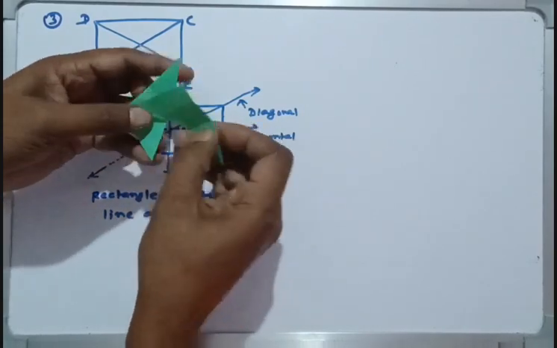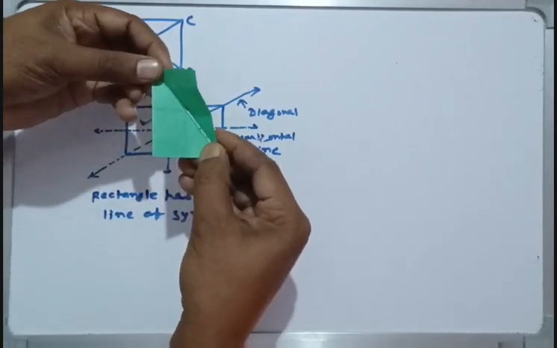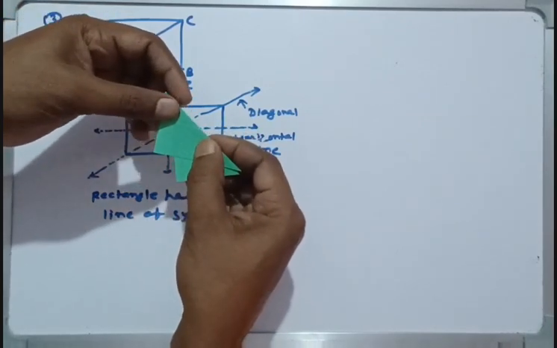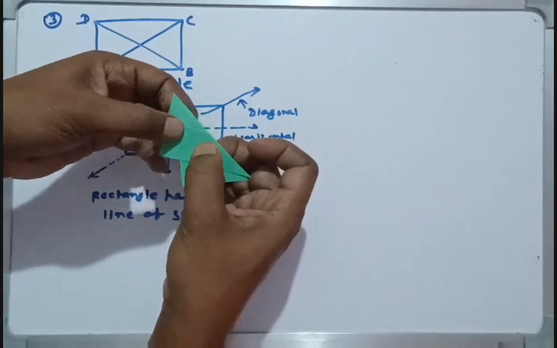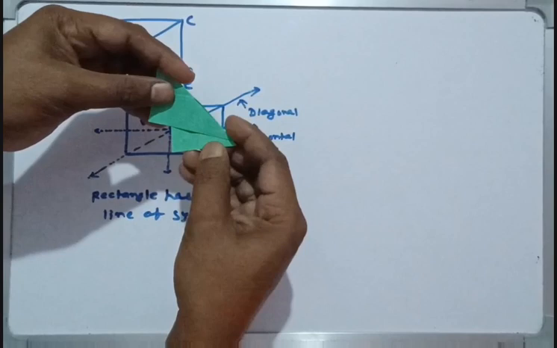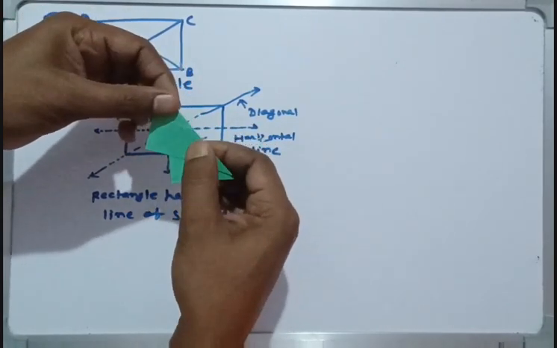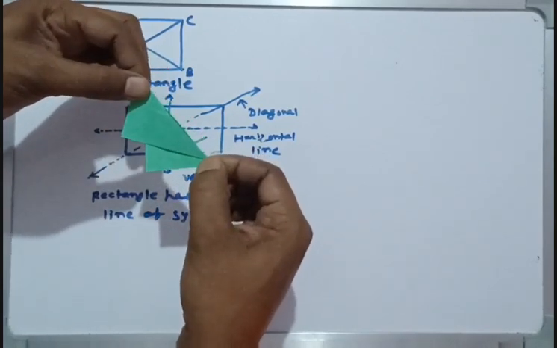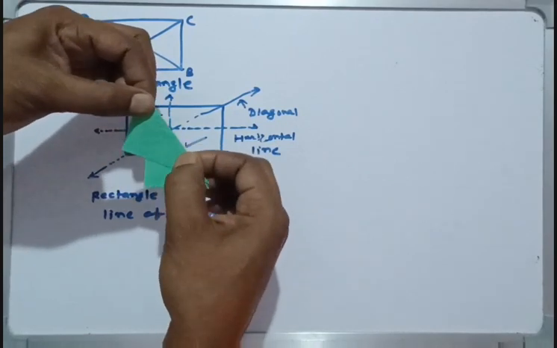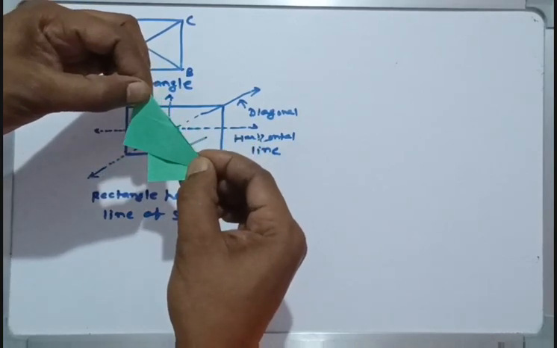Okay, however this one is not symmetrical along the diagonal, because see, this one half part and this second half part do not overlap with each other. Okay, so this is the reason a rectangle is not symmetrical along a diagonal. Hope this is clear to you guys.